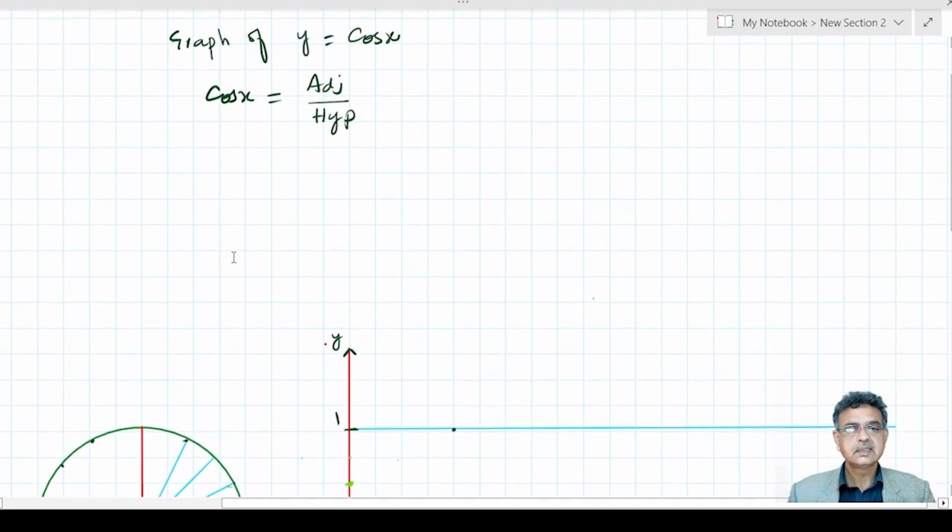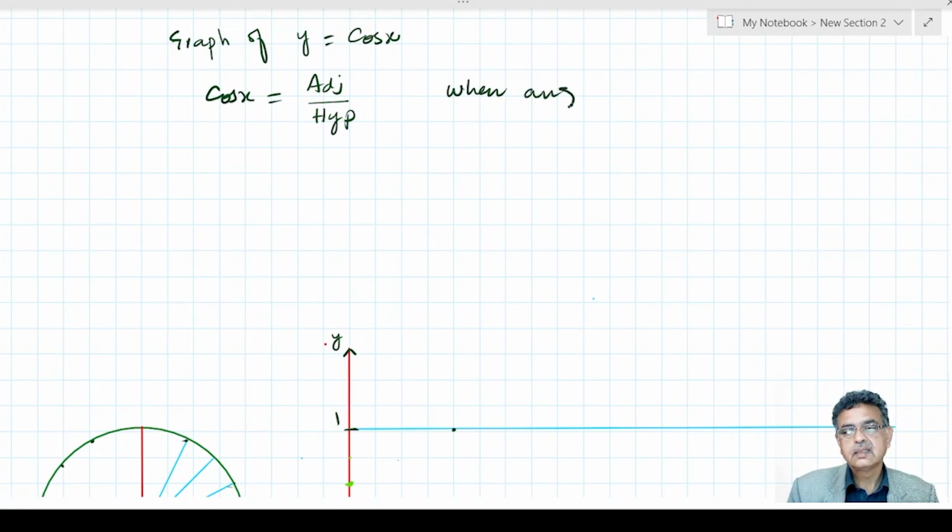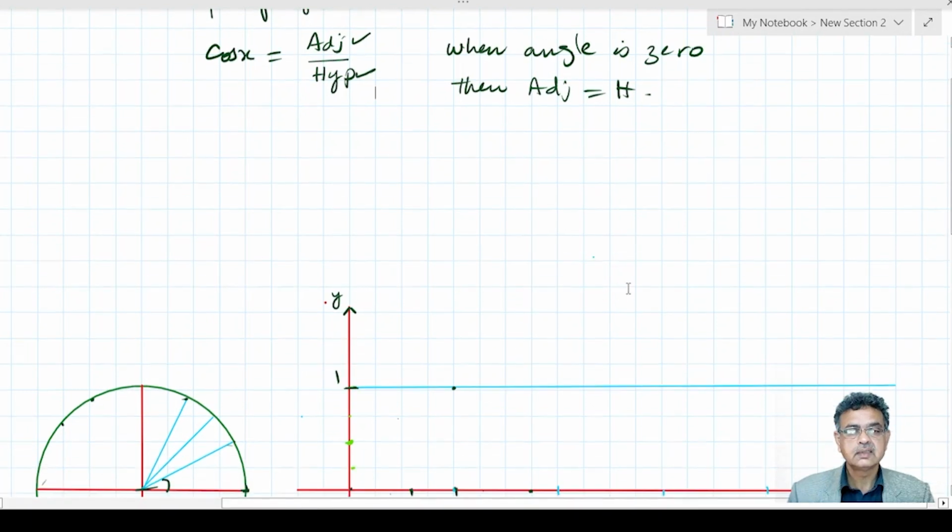So adjacent and hypotenuse are equal when the angle is 0. So you can say that when these two are equal, then the ratio becomes 1.